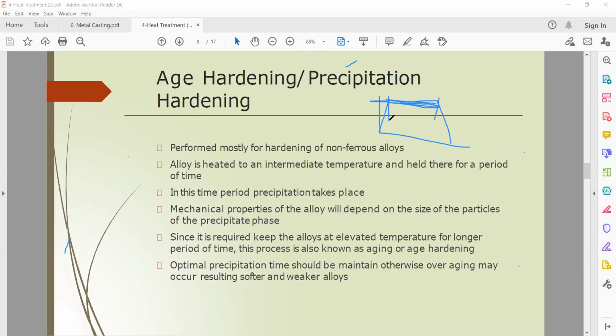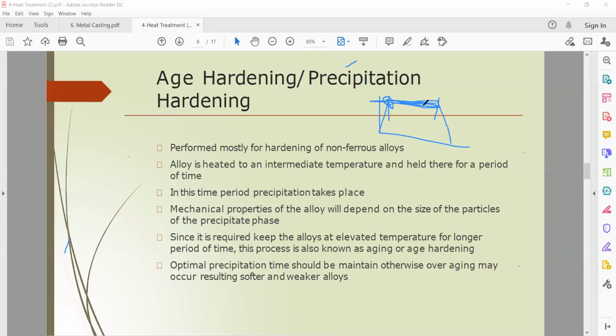precipitation of metals occurs, right? Because you are using non-ferrous alloys for the heating. So here, definitely you have a molten alloy or a mixed solid plus liquid form of that alloy, right?